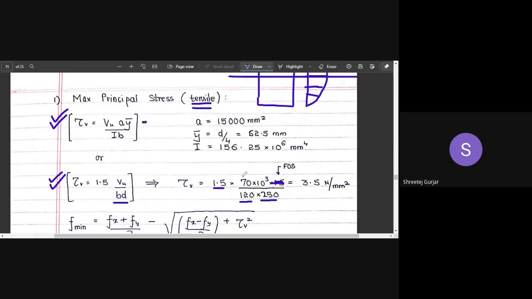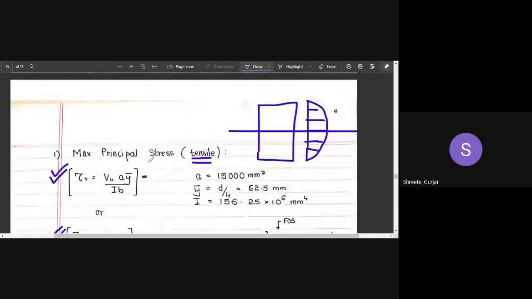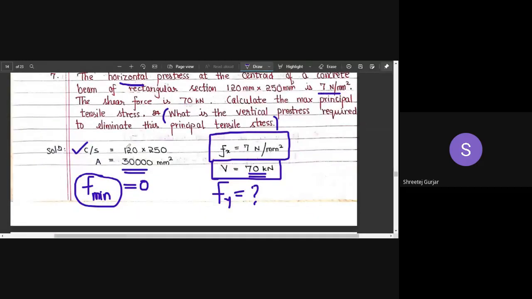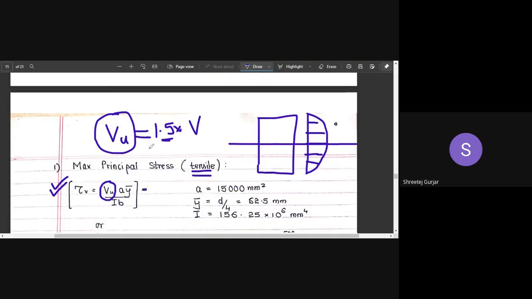If they mention to use the ultimate, usually you take VU, the ultimate shear force, which is 1.5 into V, multiplying by the factor of safety. But here, since they have directly given it, we will not multiply. We will consider whatever they have given directly as VU, and we have substituted it here.